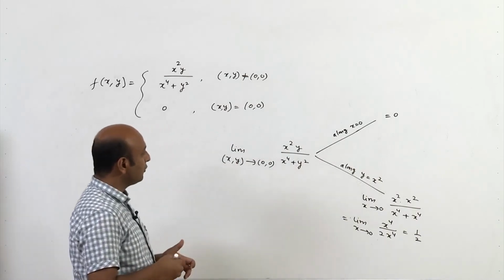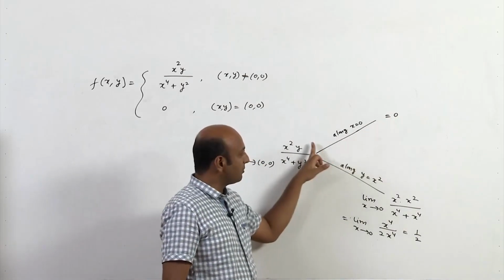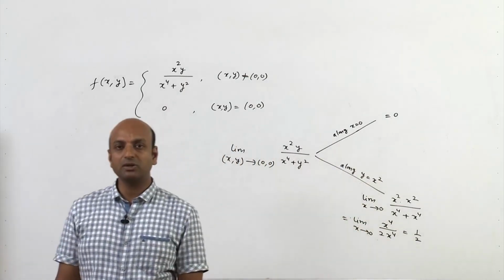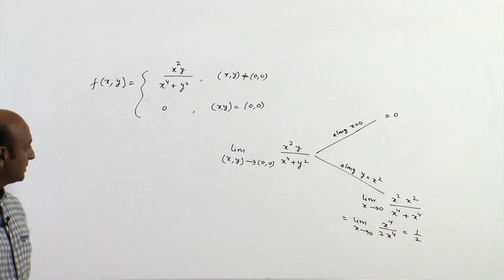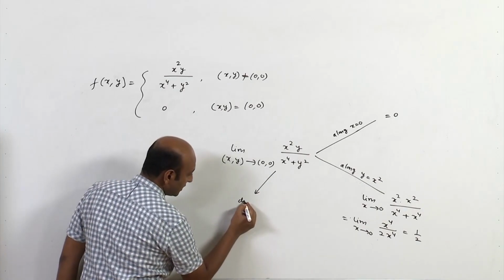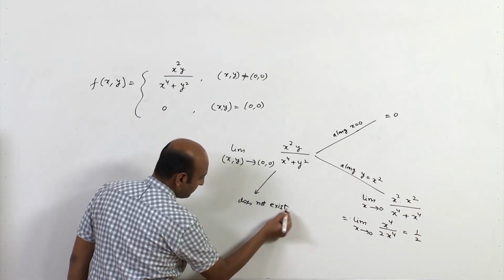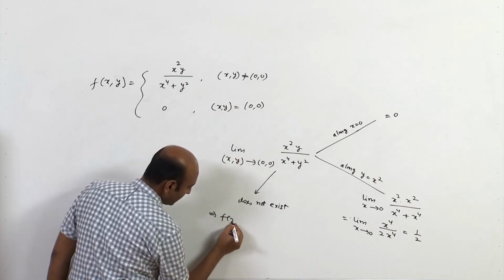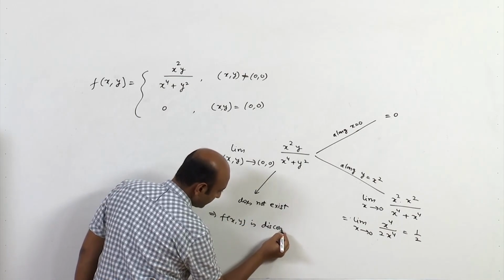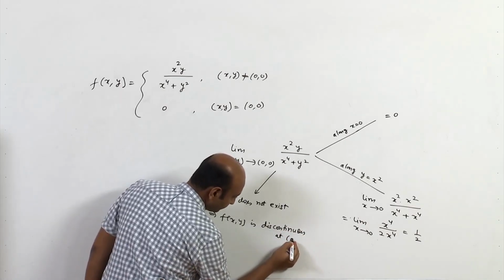So, from this path the value is 0, and from this path the value is 1 by 2, that is, from two different paths the values are different. This means that this limit does not exist, and this implies f(x, y) is discontinuous at origin.